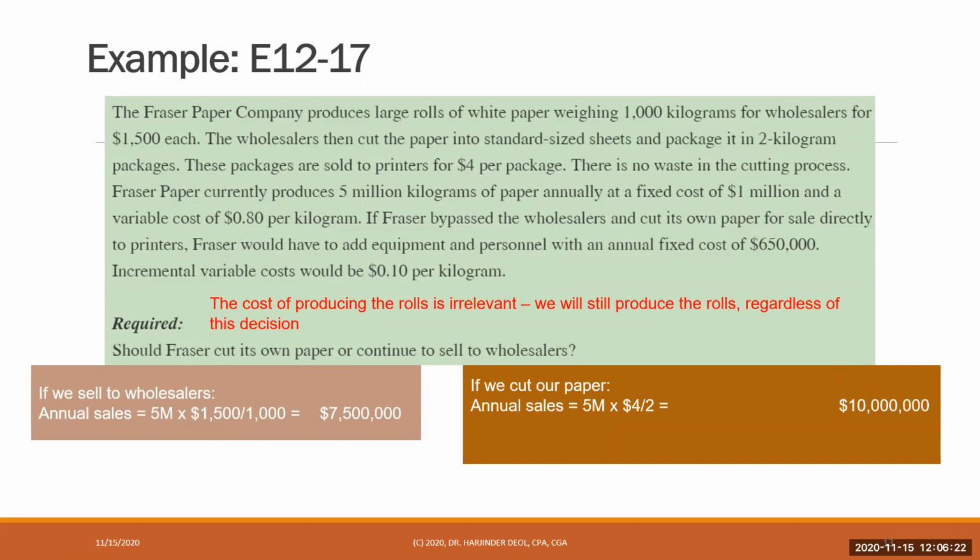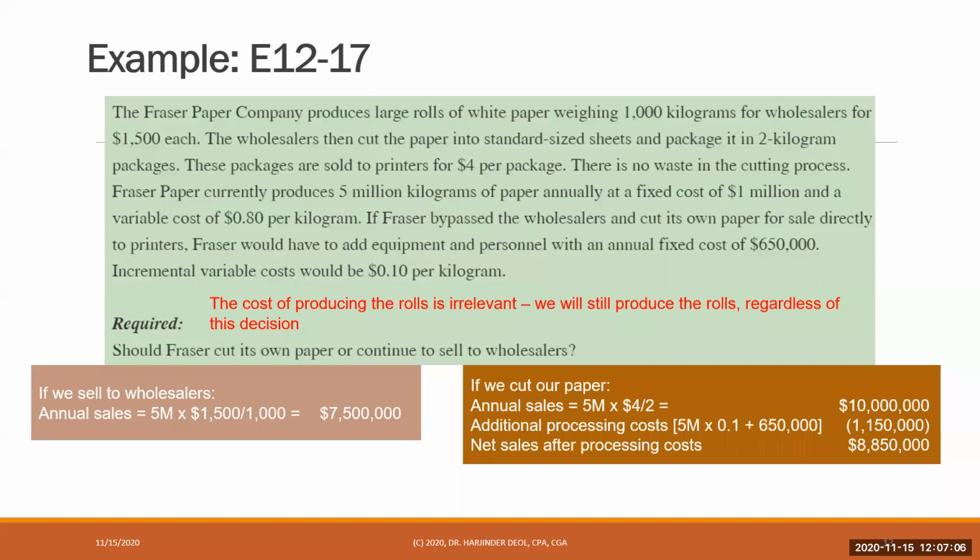But this annual sales of $10 million will require us to actually cut the paper. And so the incremental cost of doing the processing will include a variable cost of 10 cents per kilogram. So 5 million kilograms times 10 cents, that's an extra $500,000, plus annual fixed costs of $650,000. So that adds up to $1,150,000. From the $10 million, if we take out the $1,150,000, we get net sales after the processing costs of $8,850,000.